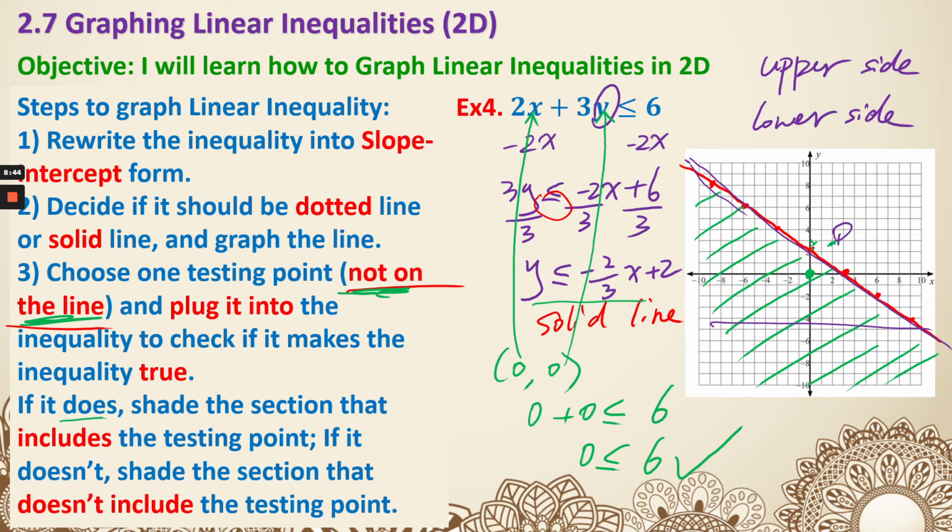If you are up here and it's raining, you're going to get rained on. So that means this is the upper side. If you are right here, if it's raining, then you won't get rained on, and that is the lower side. So that means it should be below. So for this question, you see the sign is less than or equal to, then we kept the lower side.